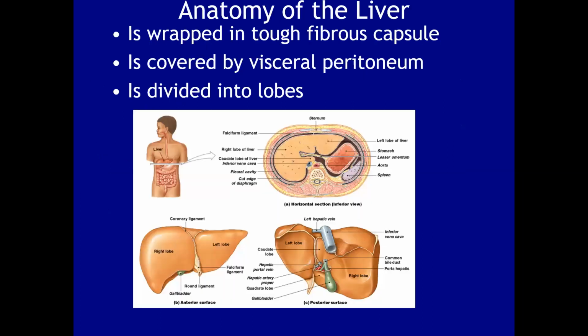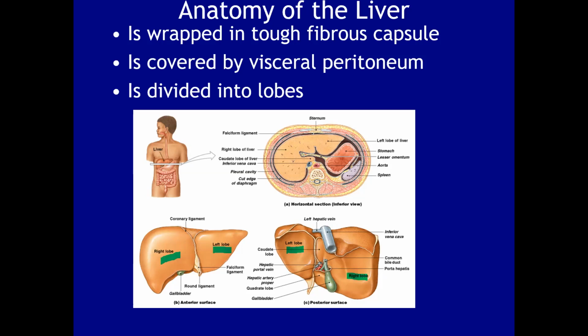So just looking very quickly at the anatomy of your liver, you have the right lobe and the left lobe. Right lobe is much bigger. We're looking at the anterior surface, so right lobe, left lobe. If you flip it around, look at the posterior surface. Your left lobe, as you can see, is quite a bit smaller.